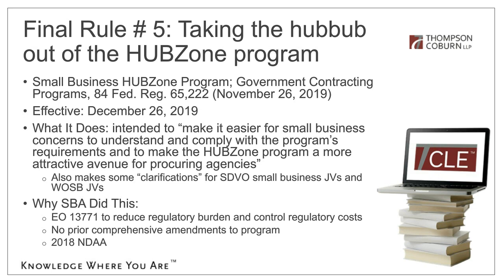They were really trying to make this program easier for companies that were HUBZones to comply with the program requirements, make it easier or more attractive to folks who were considering joining the program, and also to make it an easier methodology for procurement for the contracting officers and the procuring agencies.